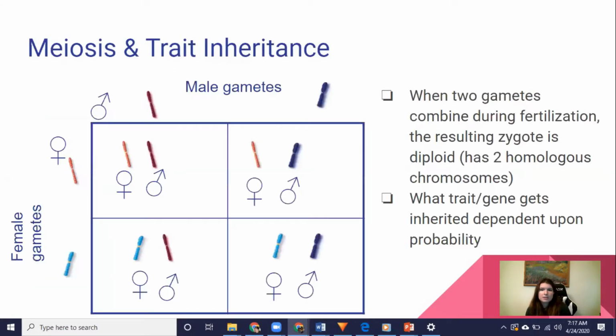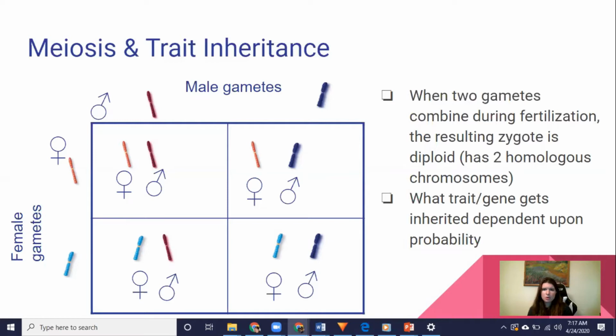This is important because during sexual reproduction, two gametes come together in a process we call fertilization. So an egg cell, which is a gamete, gets fertilized by a sperm cell, which is another gamete. And when they combine, they form something called a zygote. So zygote is just that first cell that has information from both the two parents.